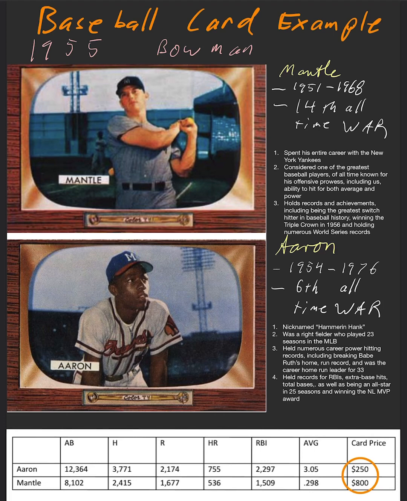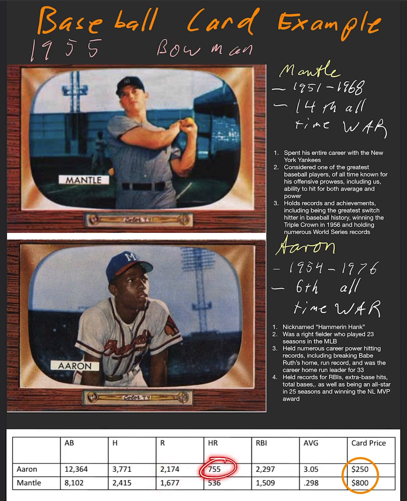So let's take a quick look at their statistics here. You can see Aaron played more games, having nearly 4,000 more, about 50% more at-bats. He had many more hits, about 1,300 more hits. Several hundred more runs scored.